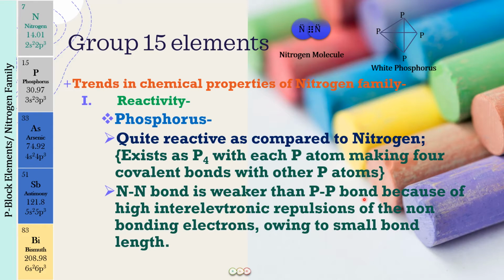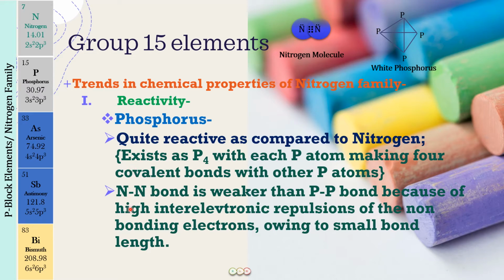In the case of nitrogen, the atom is small, right? And when it forms a bond with another nitrogen atom, the bond length is going to be less, and there are going to be high interelectronic repulsions between the non-bonding electrons. The electrons are going to repel each other, and hence the single bond is not going to be that stable. It is going to be weak and it can be broken easily.